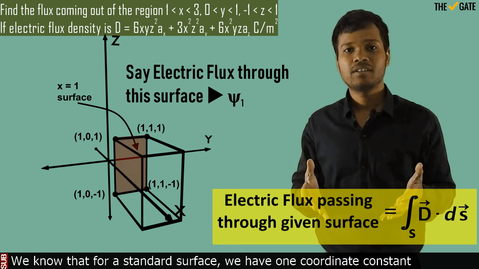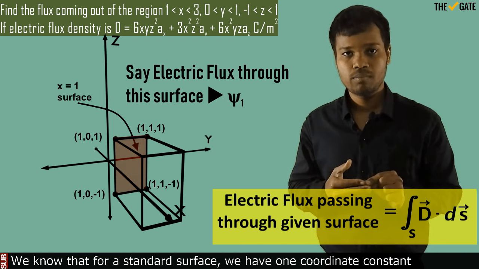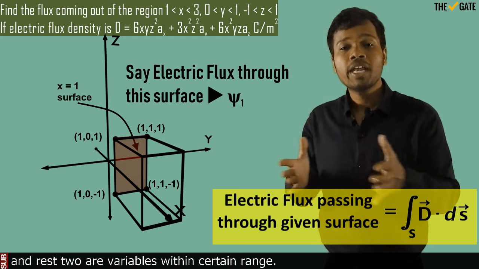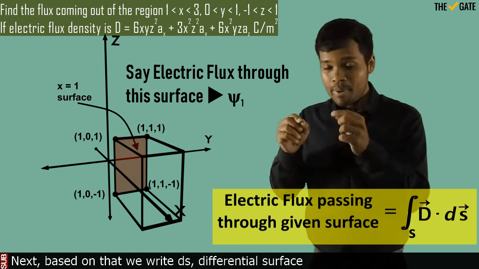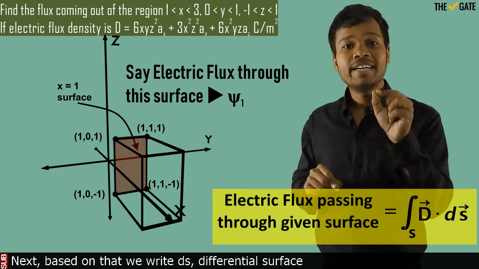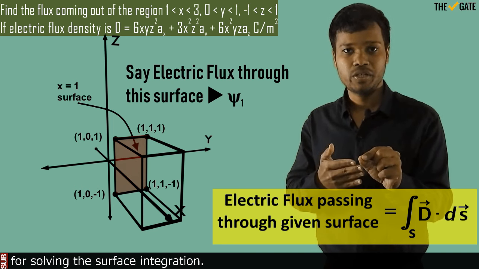We know that for a standard surface, we have one coordinate constant and the rest 2 are variables within a certain range. Next, based on that, we write ds, the differential surface, for solving the surface integration.